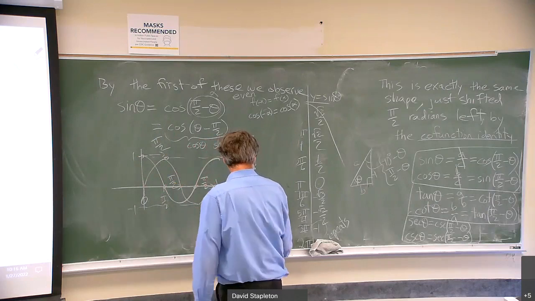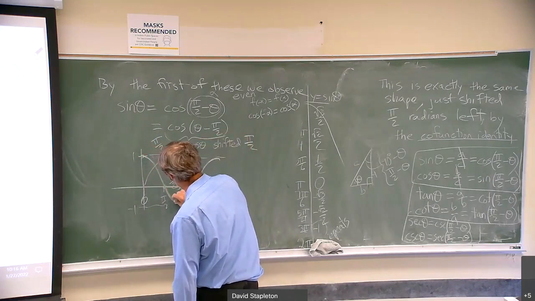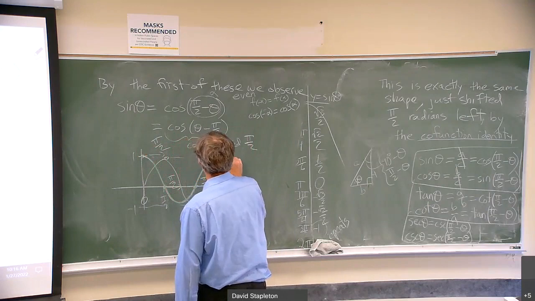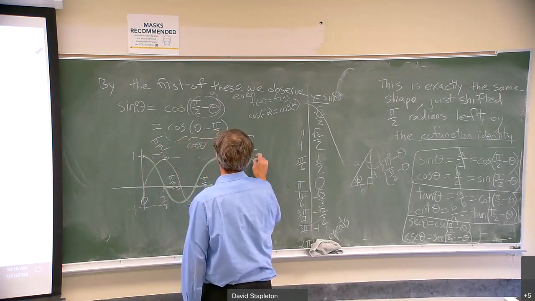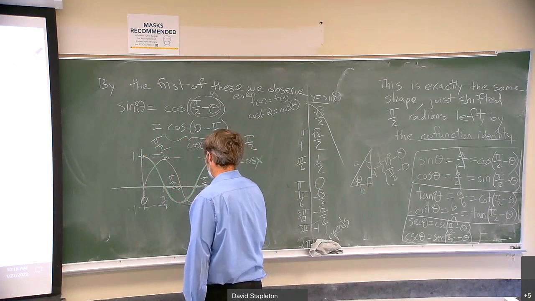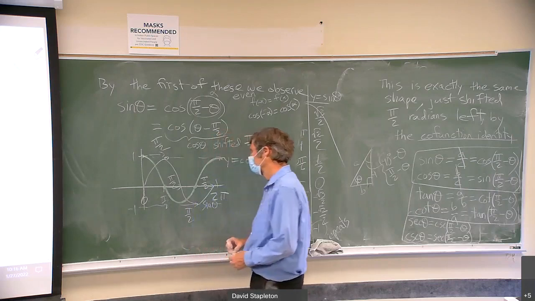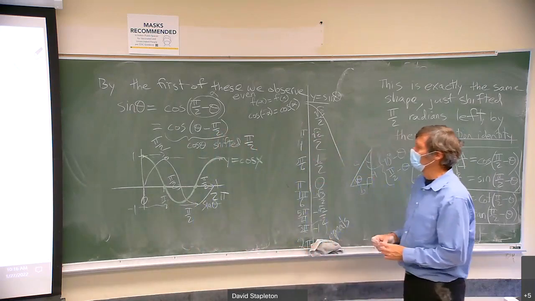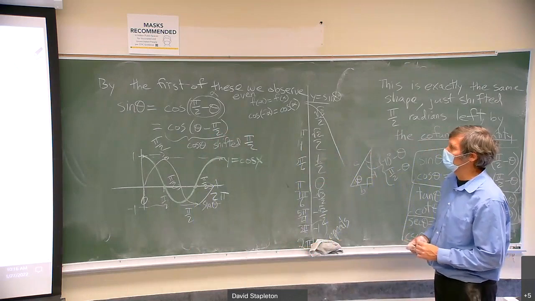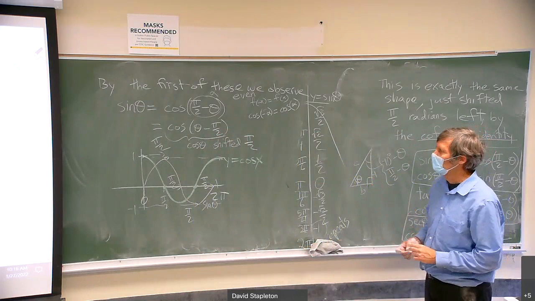I have to draw the cosine in green, shouldn't I, just to break them up. Here's cosine. And then the white one, by shifting over pi over 2 units, gives me the sine. How about that? So the cofunction identity proves that they're actually the same shape, just shifted over by 90 degrees or pi over 2 units.